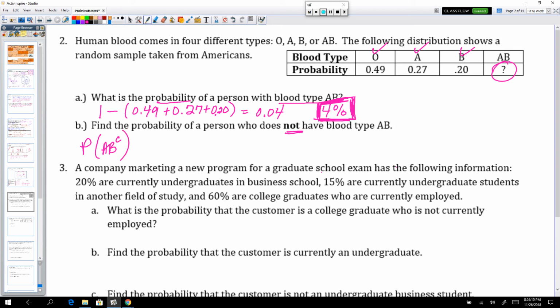This is saying what's the probability of somebody not having AB blood? And of course, hopefully you've already come to the conclusion that it's 96%. Most people can look at that and say, well, obviously, if it's a 4% chance that you have AB, it's 1 minus the chance of having it. So 1 minus 0.04 means there's a 96% chance you're randomly selecting somebody who doesn't have type AB, okay?